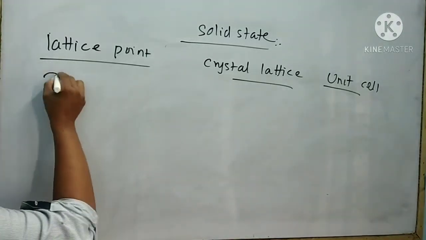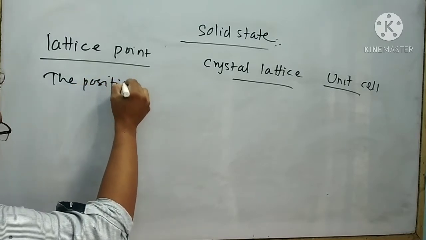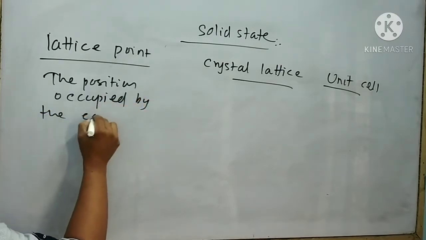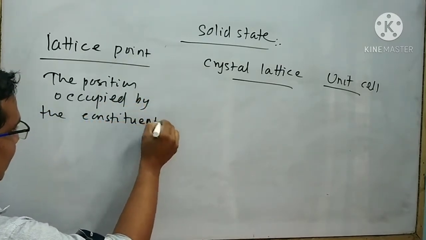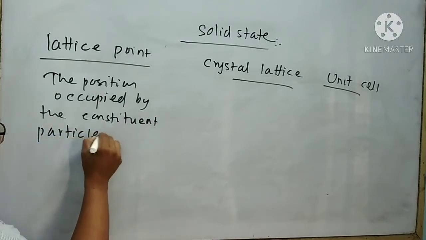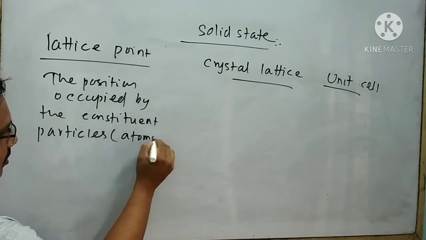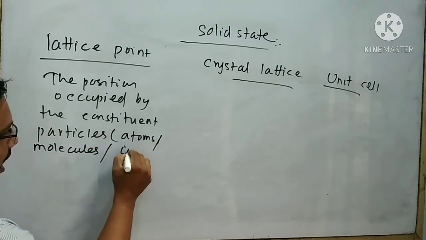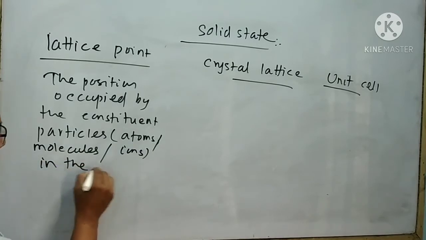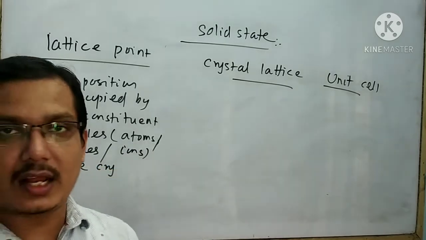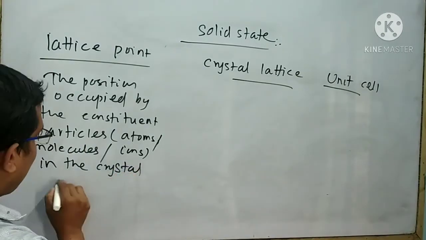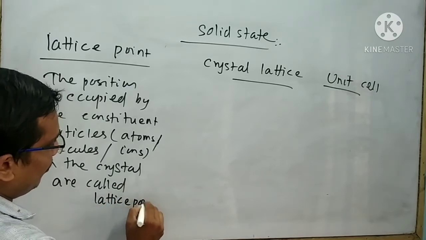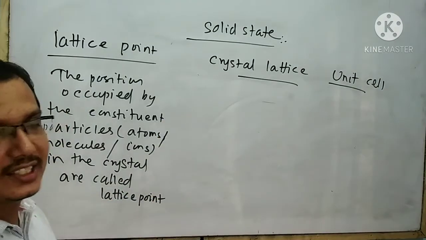So we can write: the position occupied by the constituent particles, which may be atoms, molecules or ions in the crystal, is called lattice point.